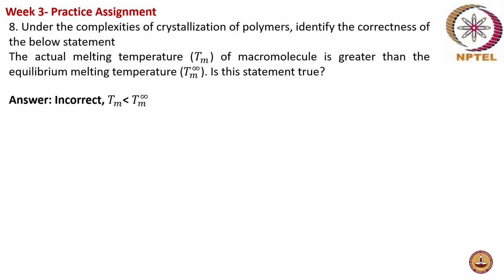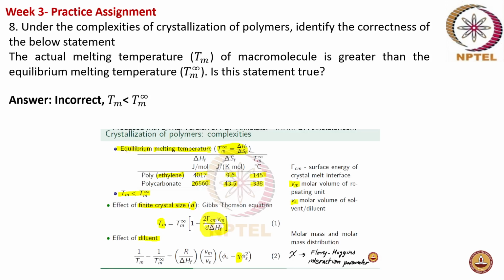Equilibrium melting temperature, that is why you have that infinity, right? Agreed. But my question is that in DSC, which melting point are we getting? Your actual melting point. Yes, actual melting point is less than your equilibrium melting temperature. You calculate it thermodynamically, right? With your enthalpic relation.